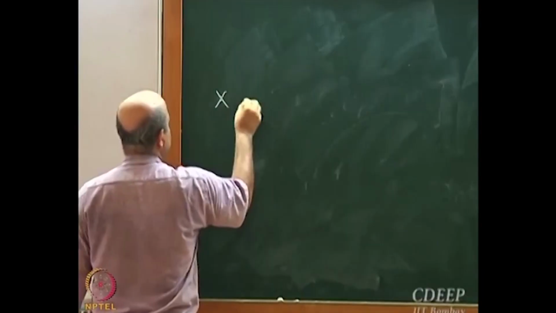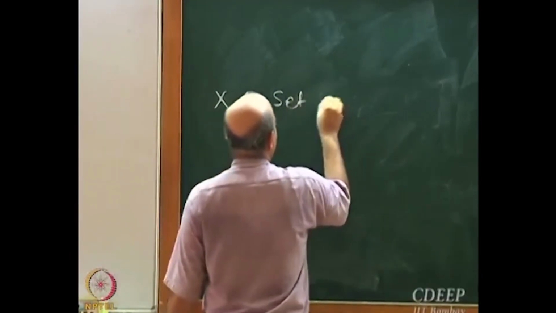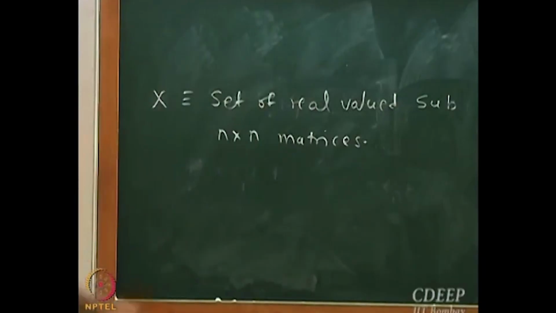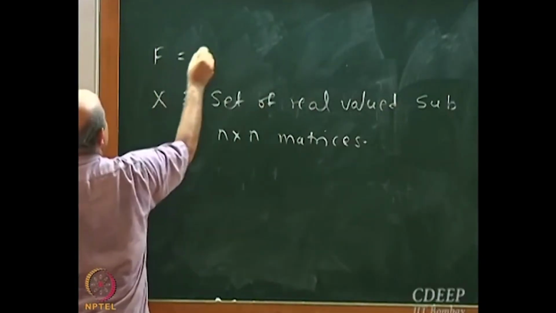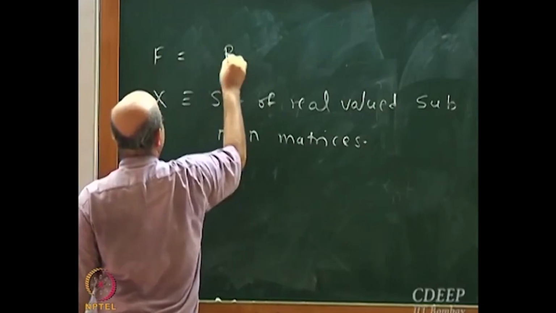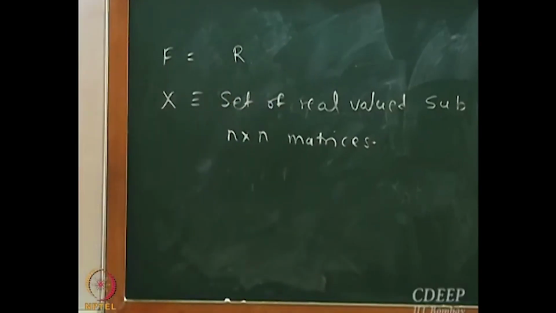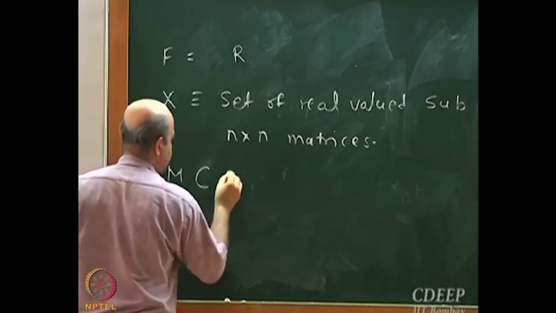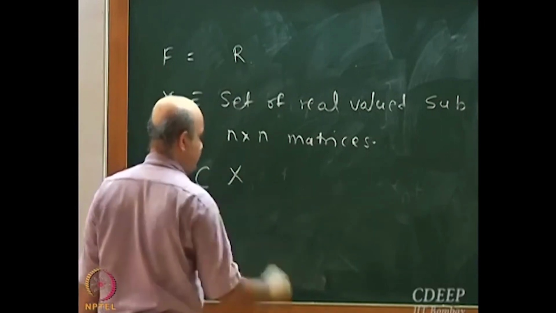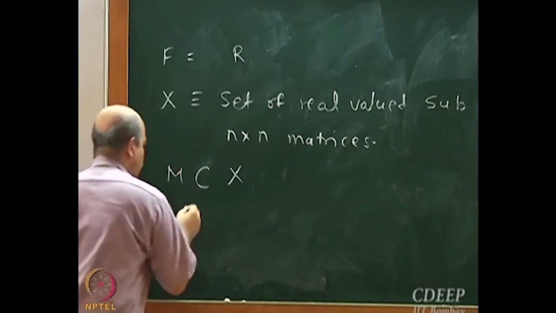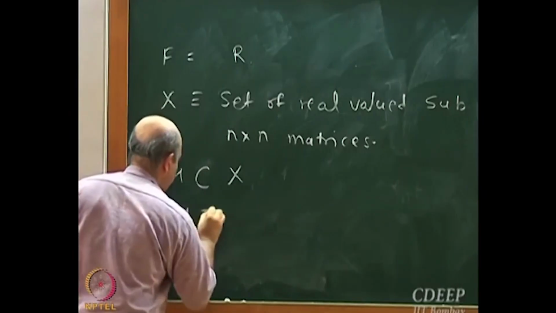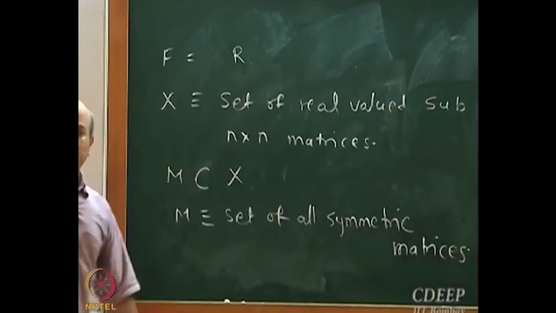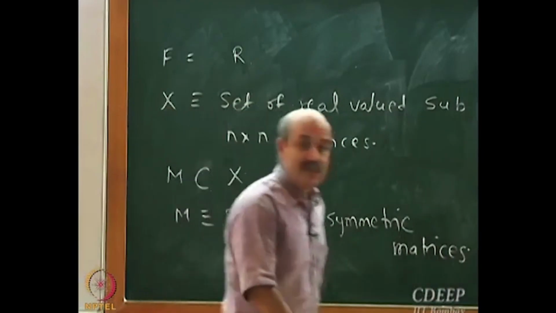So let my X be the set of n cross n matrices, and of course my field is R. I'm going to define a subset M, which is a non-empty subset of X. Now M here is the set of all symmetric matrices. Is it a subspace?